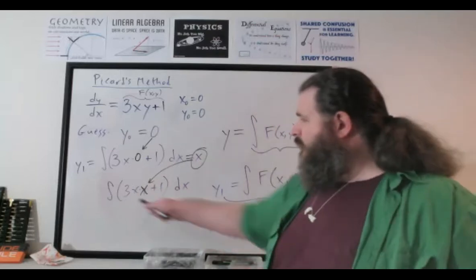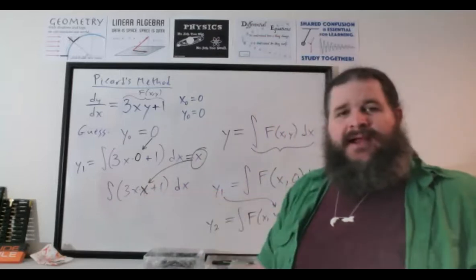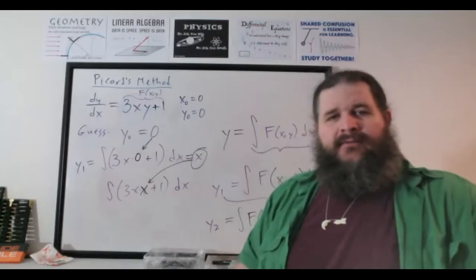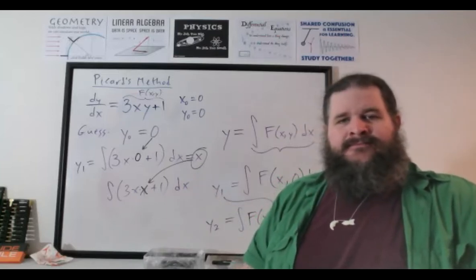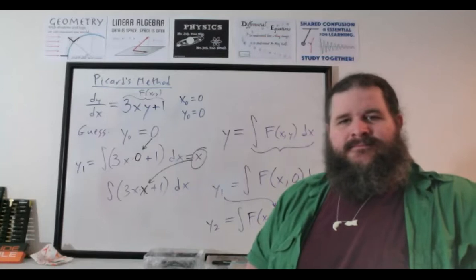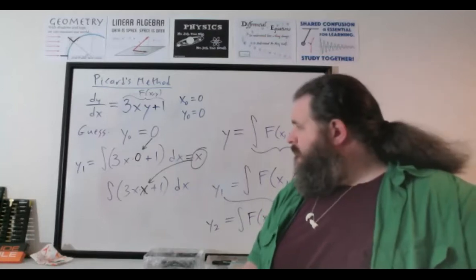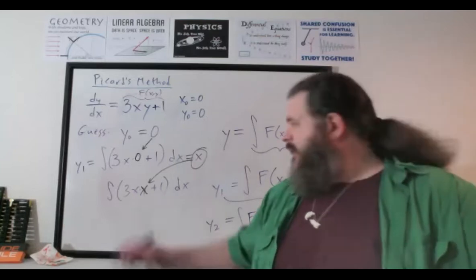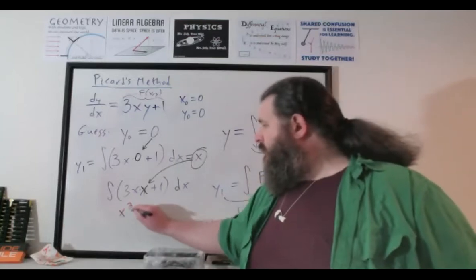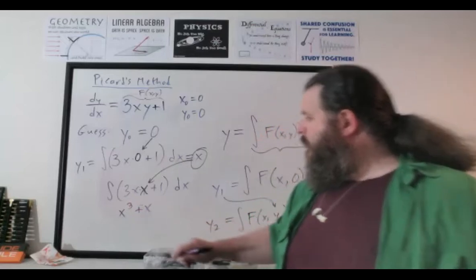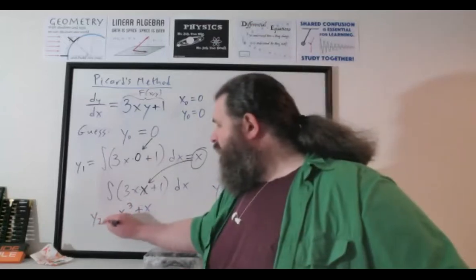So we now have 3x times x plus 1, 3x squared plus 1. What do we get if we integrate that? 3x cubed over 3 plus x. Yeah, and the 3's cancel out, so we just get x cubed plus x. That's going to be our next guess, y2.